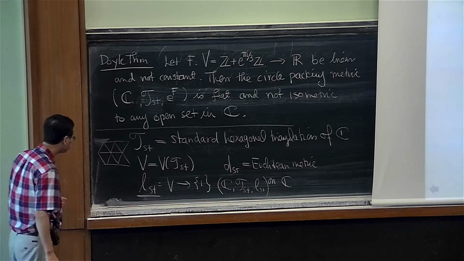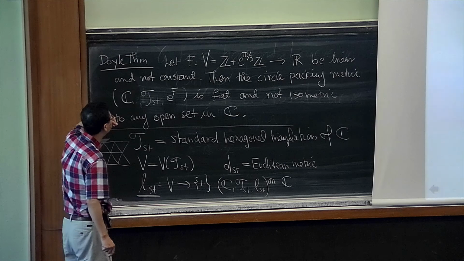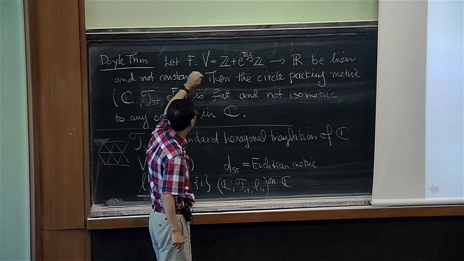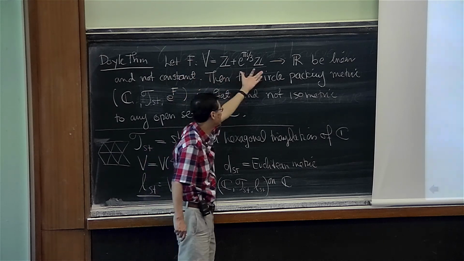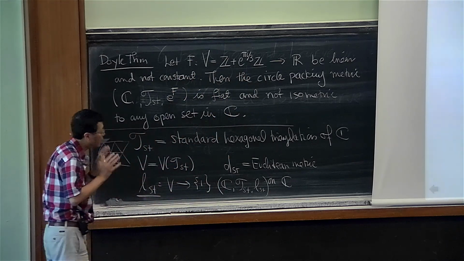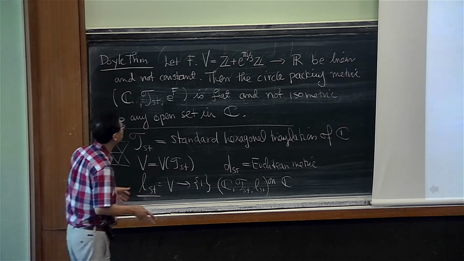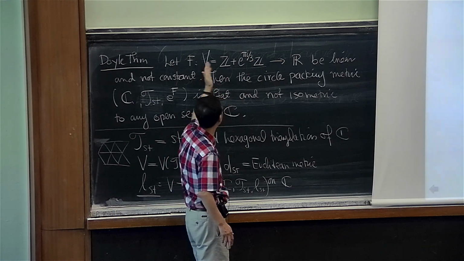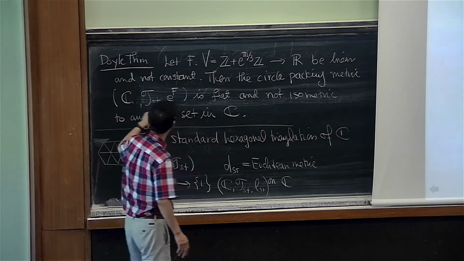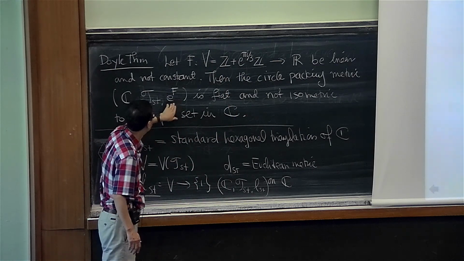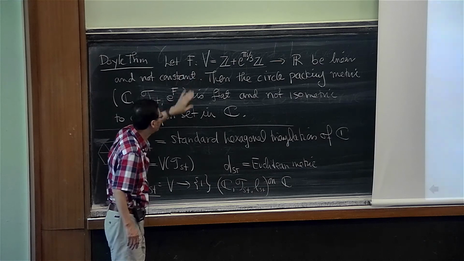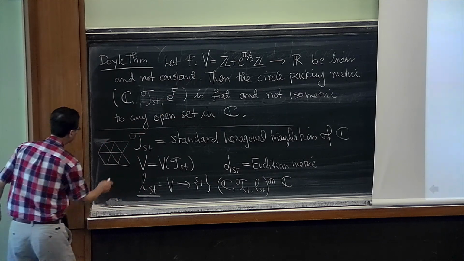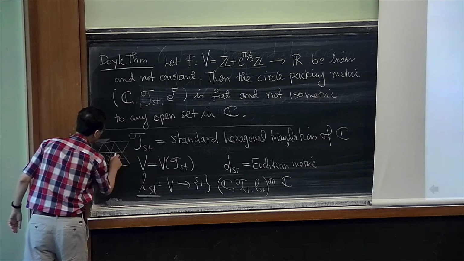Now Doyle's observation was this: take any non-constant linear function defined on the complex plane and restrict it to the lattice, then take the exponential of this function. That assigns to every vertex a positive number.